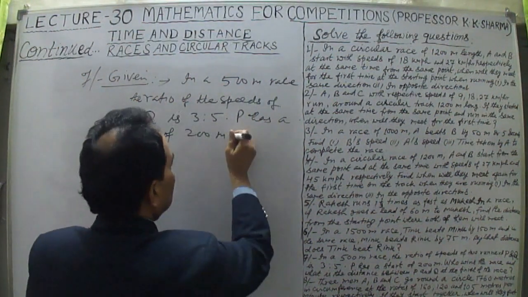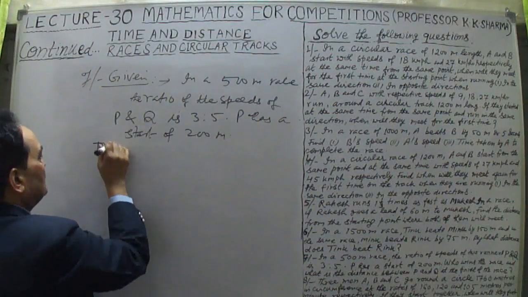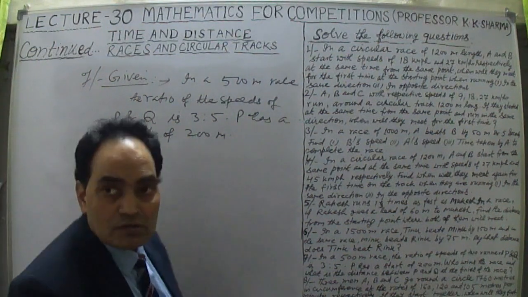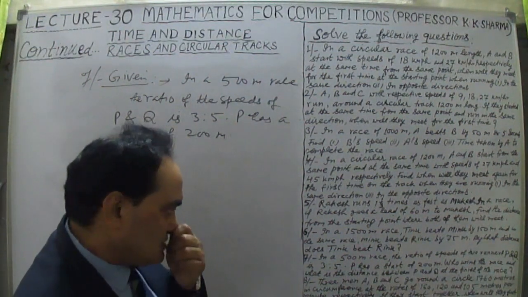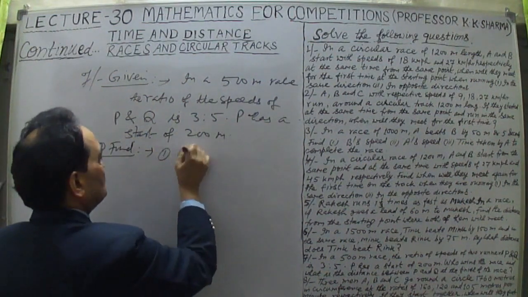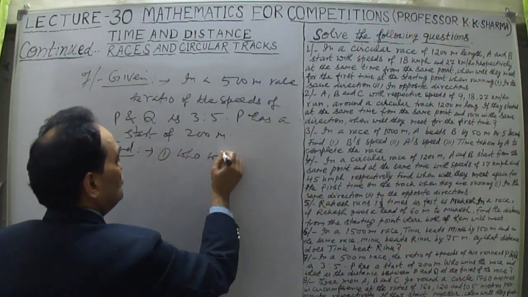Then this is given to us, now to find. They say: who wins the race, and what is the distance between them? First is who wins the race.